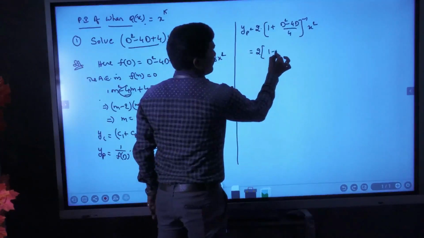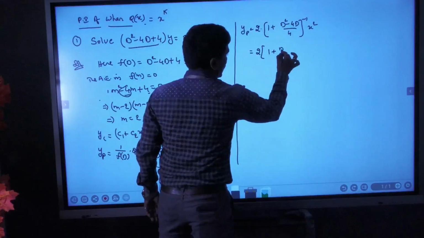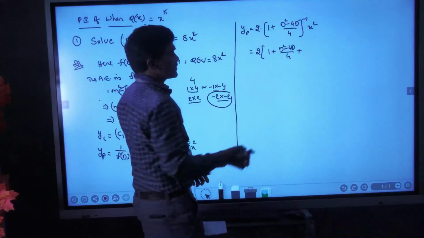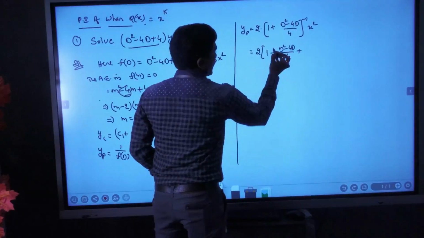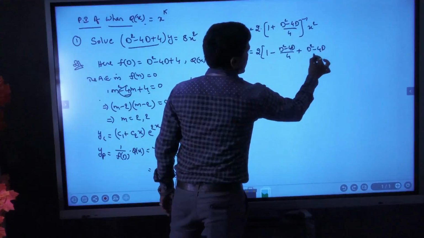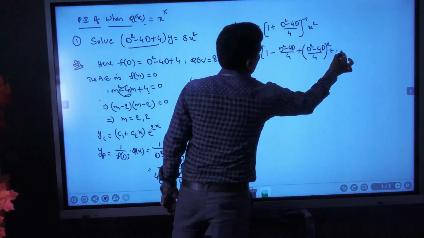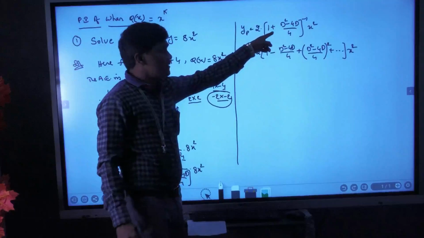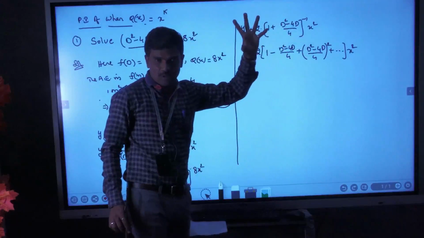It is 1 minus D plus D square minus and so on. Here in place of D we have (D square minus 4D) by 4, so 1 minus D plus D square, where D is replaced by (D square minus 4D) by 4, whole square, and so on, into x square.